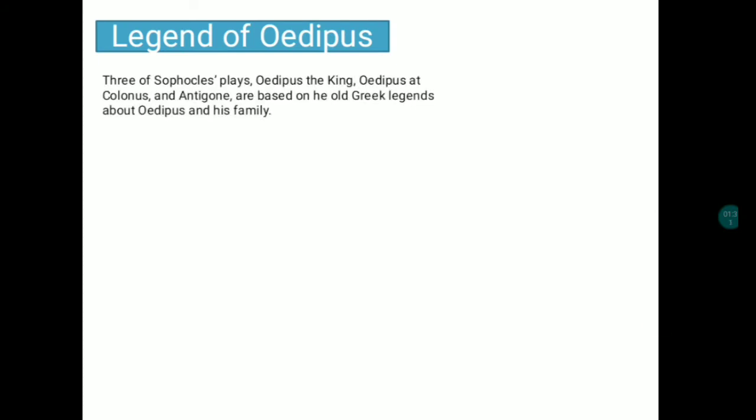If you observe that legend, you will come across three particular stories: first, our today's concern, Oedipus the King, then second, Oedipus at Colonus, and after that Antigone. All these three plays are based on the old Greek legends about Oedipus and his family.